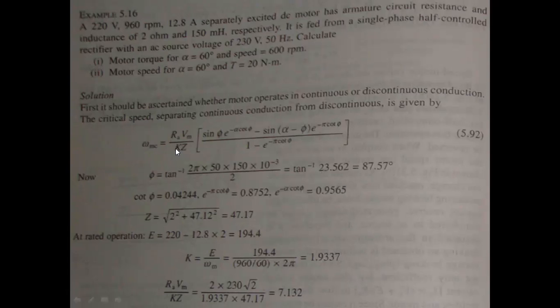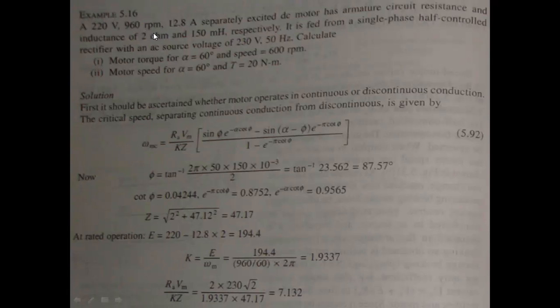And again you have to calculate K also. K formula is E by omega m, so we have to know E. E is 220 volts minus Ia into Ra. Ia is 112.8, Ra is 2. So you will get E as 194.4. From this, K value is 194.4 by omega m. 960 RPM is given, you have to convert into radians per second by multiplying by 2 pi by 60.